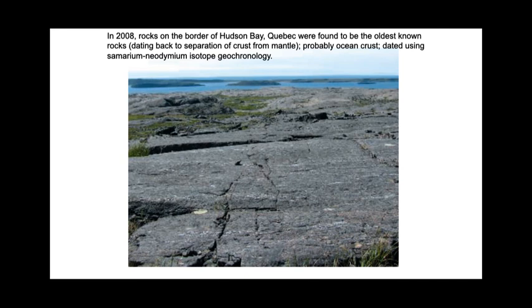It was very tough for me to pronounce, but it's called Nunavut, I think. I'm not sure exactly how you pronounce it, but samarium-neodymium ages on those rocks provided an age date of 4.28 billion years. That's when those rocks actually separated from the mantle and formed ocean crust. Okay, so on to the next slide.